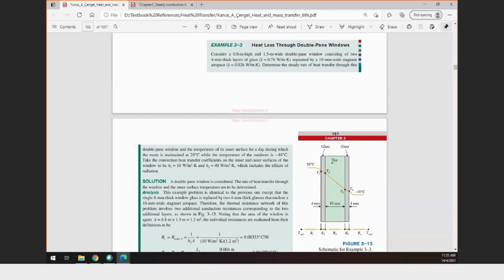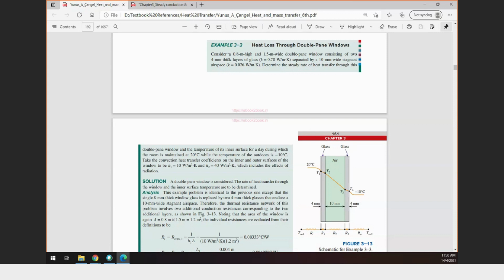Normally we put air, because air is the cheapest material, and it can have a significant impact in reducing the heat transfer.